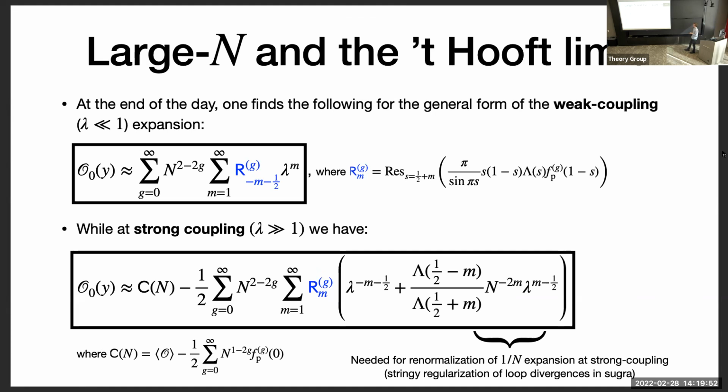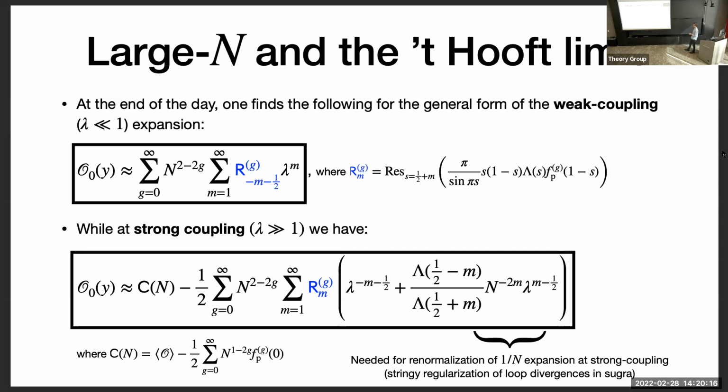And the constraints I mentioned earlier lead to a very rigid structure of the strong coupling expansion, where you instead expand at large lambda rather than small lambda. So there's a constant term, unlike the weak coupling expansion, just a constant. The constant involves the average, and that will be important later. And then there's a genus expansion.